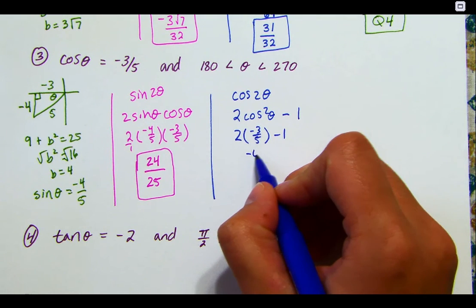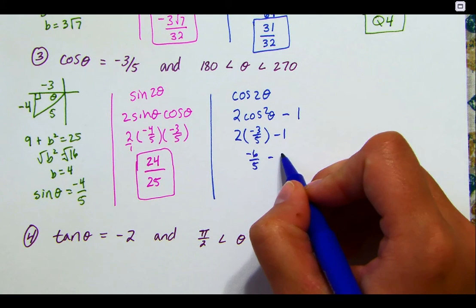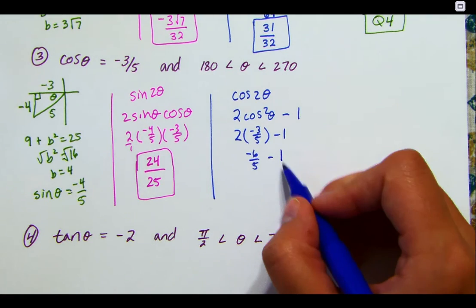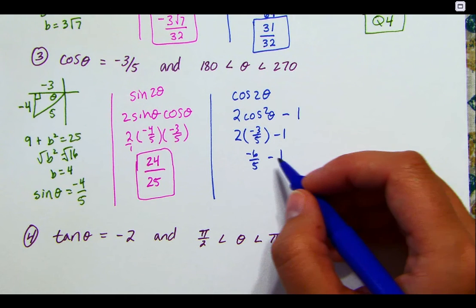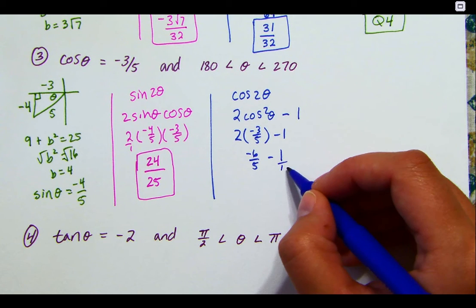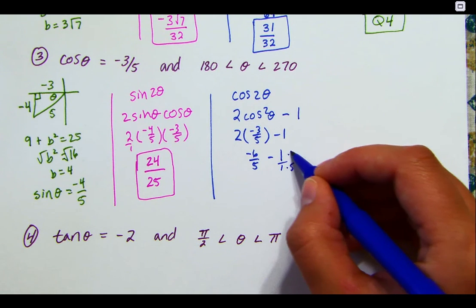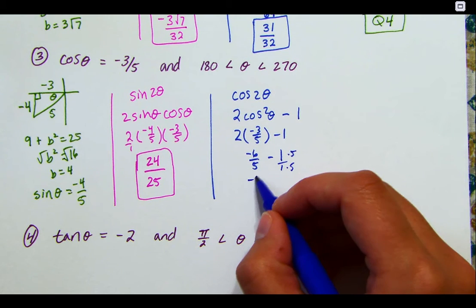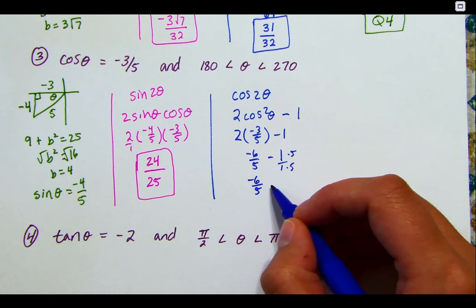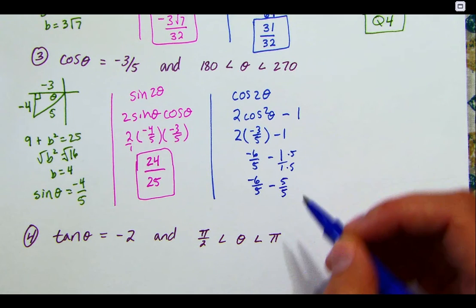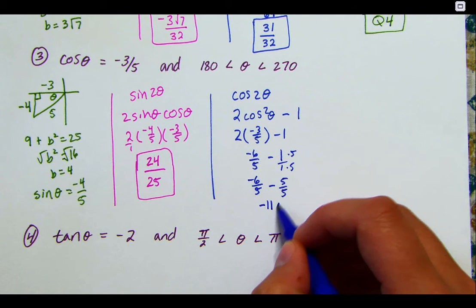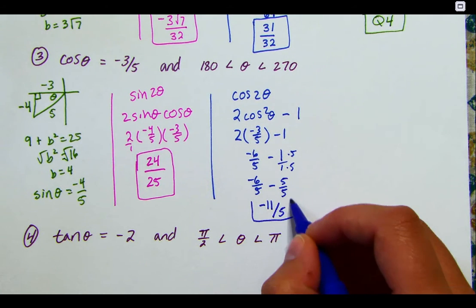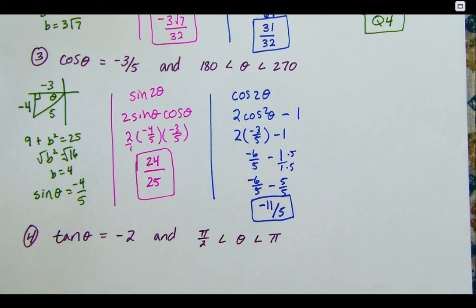So this will be -6/5 minus 1. So again, if I wanted to do this by hand, I would think of this as over 1, and then our common denominator would be 5. So I'm really doing -6/5 minus 5/5, which is -11/5. So that will be my final answer.